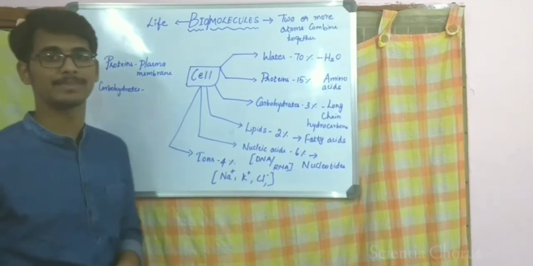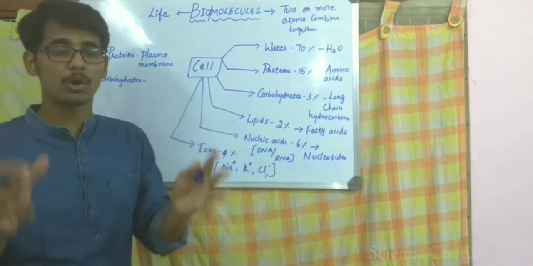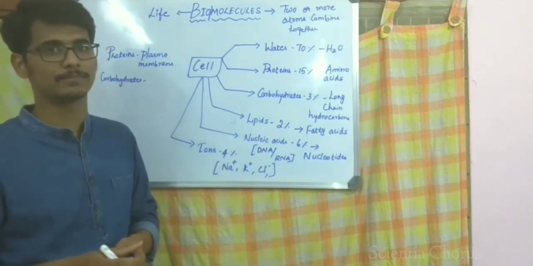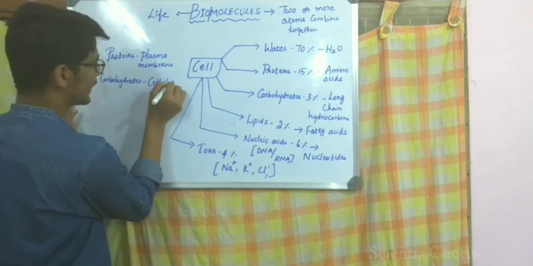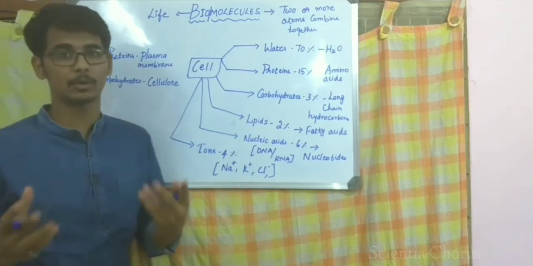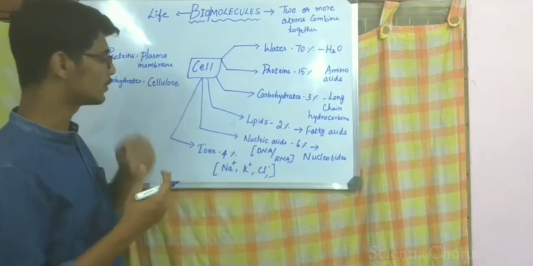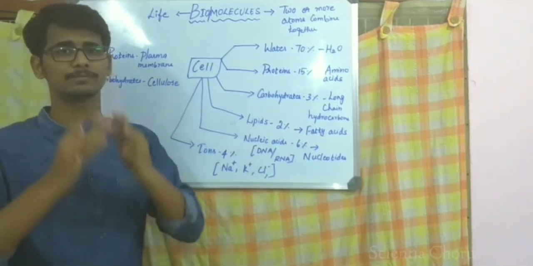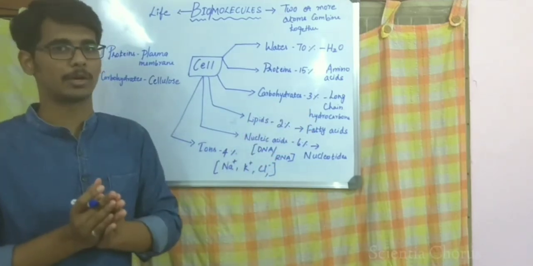When you take the cell wall of a plant cell, the cell wall is made up of cellulose. This cellulose is a carbohydrate. As I told, it is a long chain hydrocarbon. This cellulose is made up of glucose molecules, long chain glucose molecules.